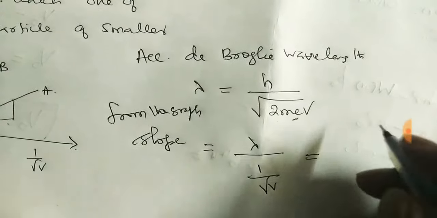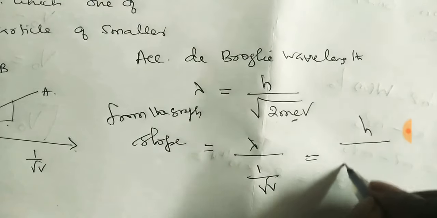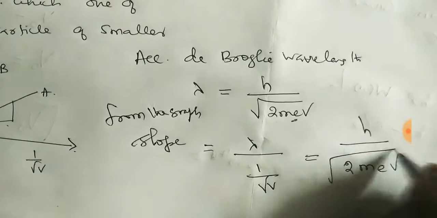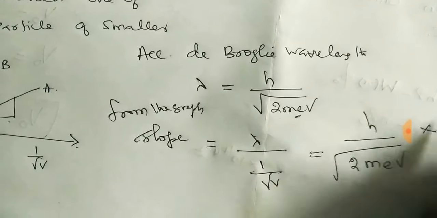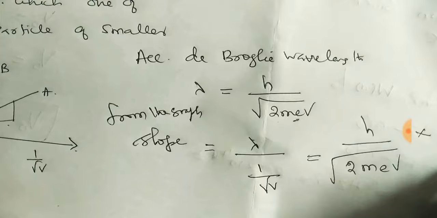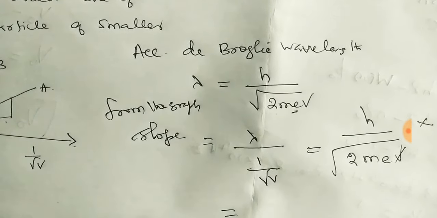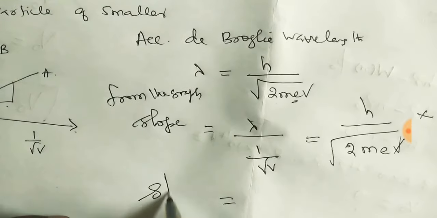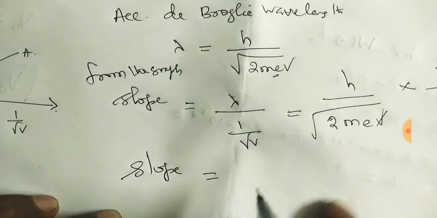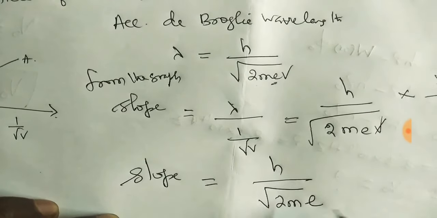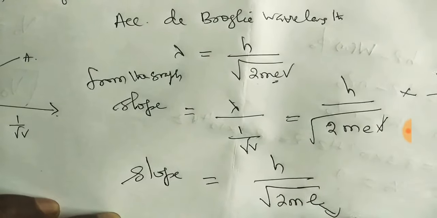What is the lambda value? h divided by root 2 m e V, that is root 2 m e divided by root V, divided by 1. That V will cancel. Then what will we get, children? Slope equals h divided by root 2 m e. It's the same charge.